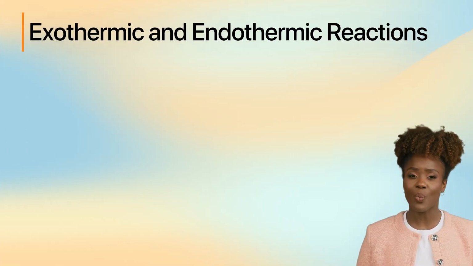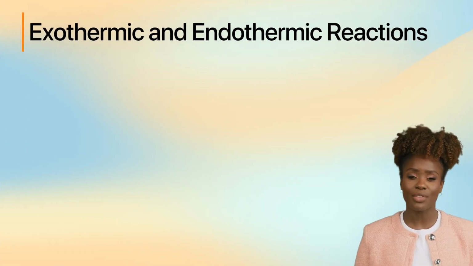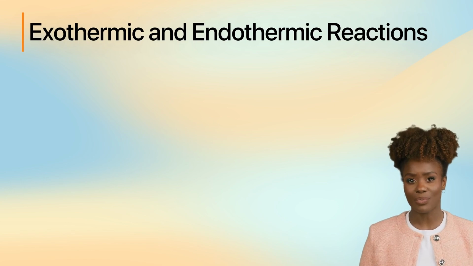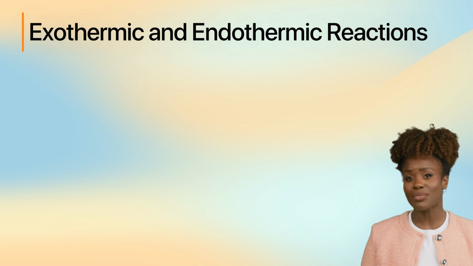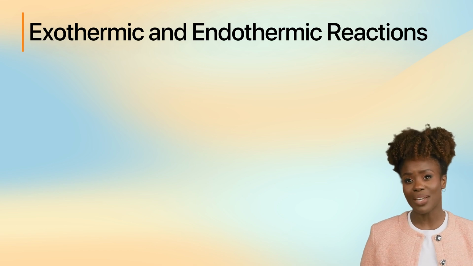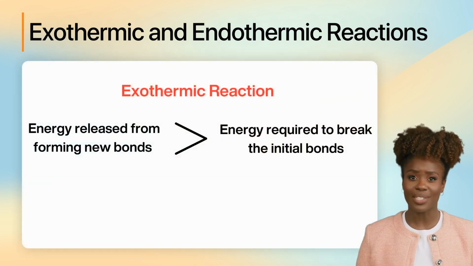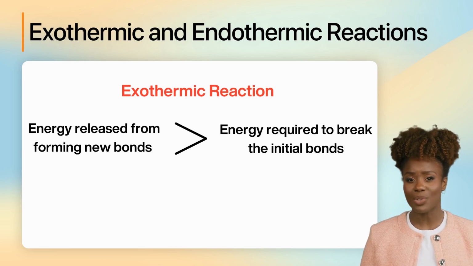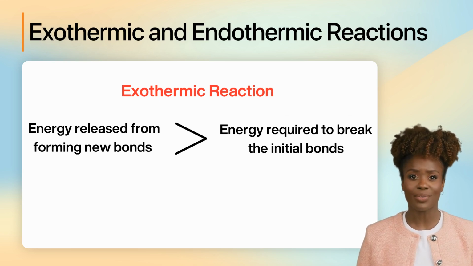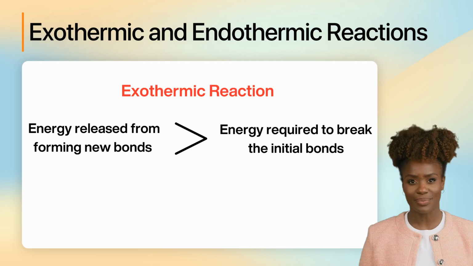Now, let's explore why these energy changes occur, focusing on bond breaking and bond formation. In our previous lesson, we established that bond breaking requires energy, whereas bond formation releases energy. For an exothermic reaction, the energy released from forming new bonds is greater than the energy required to break the initial bonds.